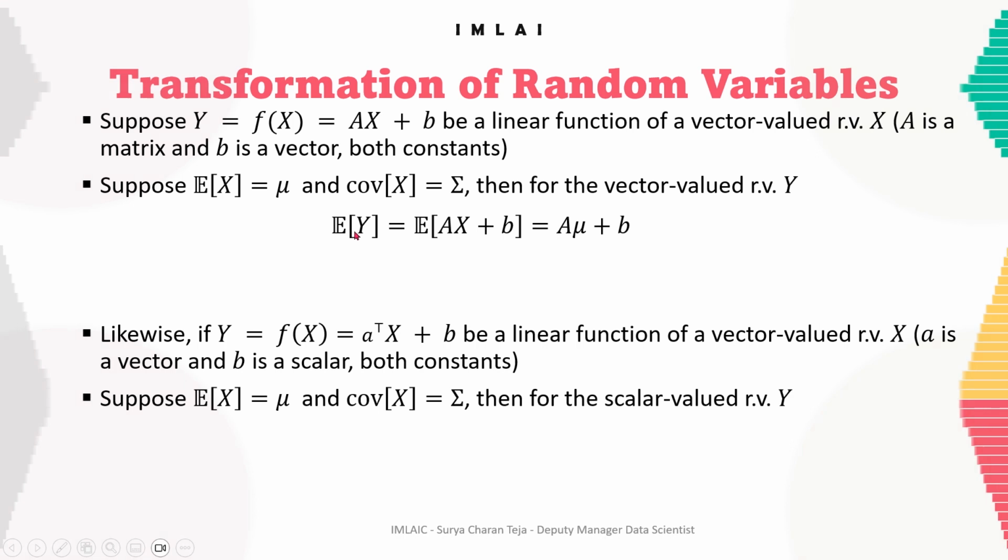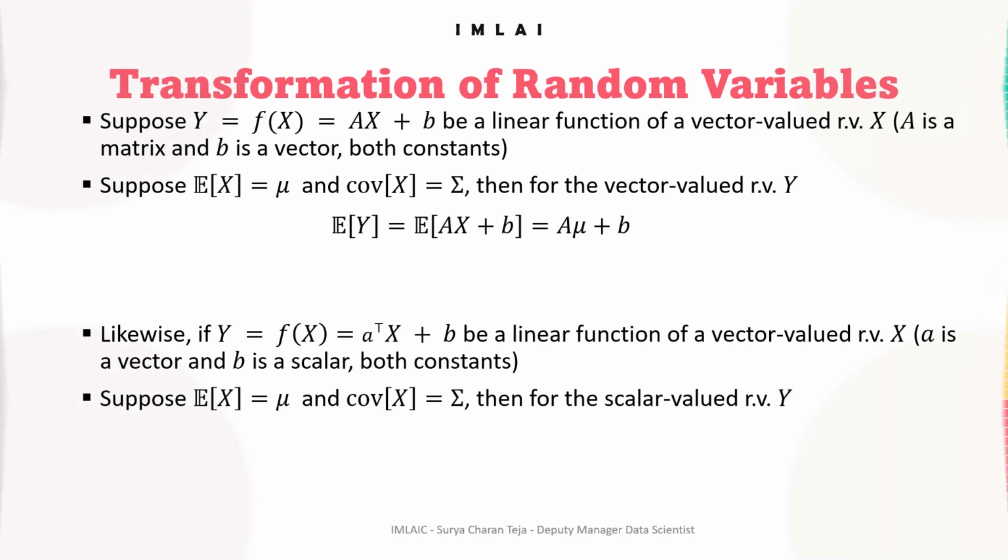E of f of X is nothing but E of AX plus B. Since A and B are constants, this can be converted to A times E of X plus B, because we have seen the properties of random variables: when you multiply with a real value, you can use the scaling property.